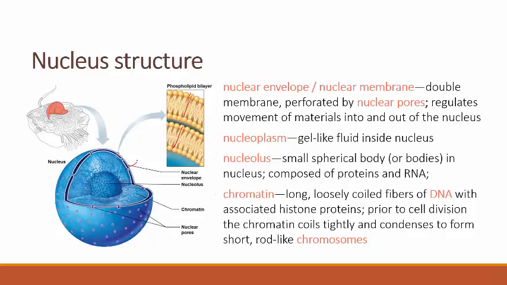It's filled with a nucleoplasm, so there's cytoplasm inside the cell. Inside the nucleus is nucleoplasm, and there may be one or more of these darkly staining spherical bodies inside of the nucleus that are referred to as the nucleolus. It's very tempting to want to call that the nucleolus.